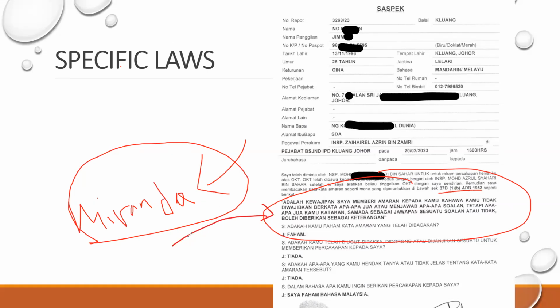So in Malaysia we have this sort of caution statement, but it is in Malay. Adalah kewajipan saya memberi amaran kepada kamu bahawa kamu tidak diwajibkan berkata apa-apa jua atau menjawab apa-apa soalan, tetapi apa-apa jua kamu katakan sama ada sebagai jawapan sesuatu soalan atau tidak, boleh diberikan sebagai keterangan.